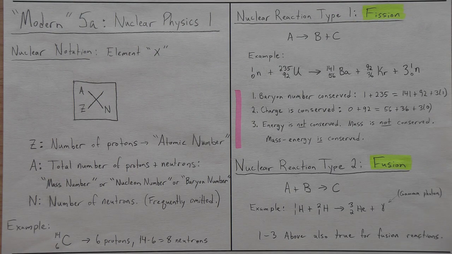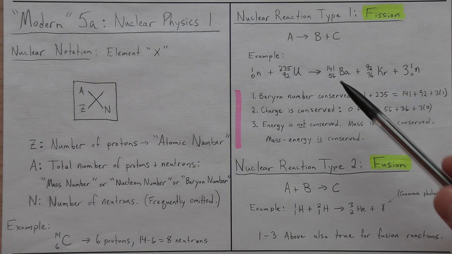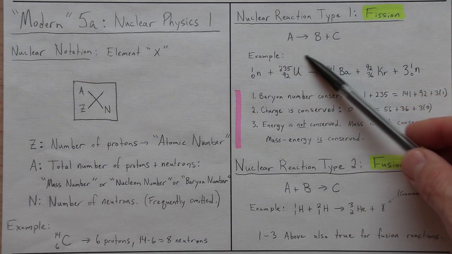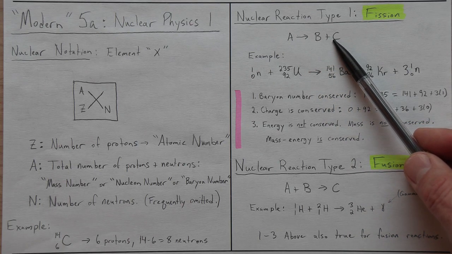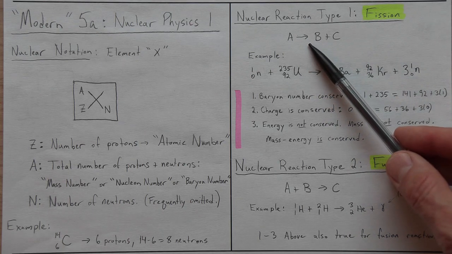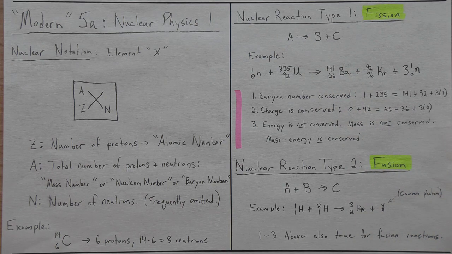When we were learning in chemistry, all the reactions involved the outside of the atom: the transfer of electrons, the movement of electrons between atoms, was chemical reactions. Now we're looking at changing the nucleus inside of an atom. So the nucleus of one atom splits into maybe 2 or 3 or 4 parts. It just breaks into smaller pieces.